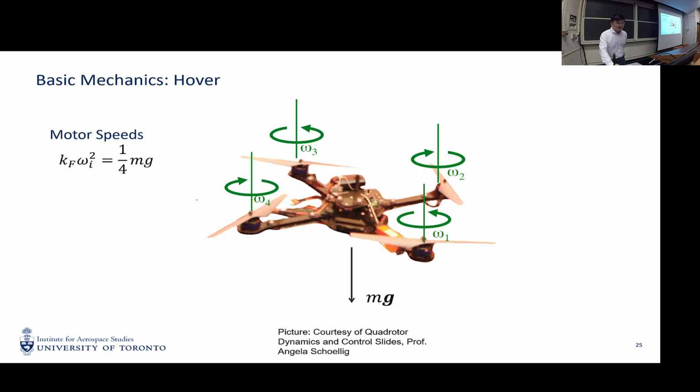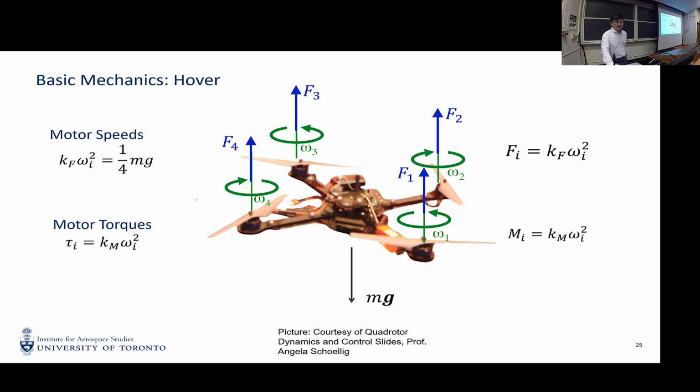Good. So once we get the thrust, the formula of calculating thrust, in this very simplified hover case, then we can do estimation and calculation about the desired rotor spinning velocity. So basically, it's very simple, right?